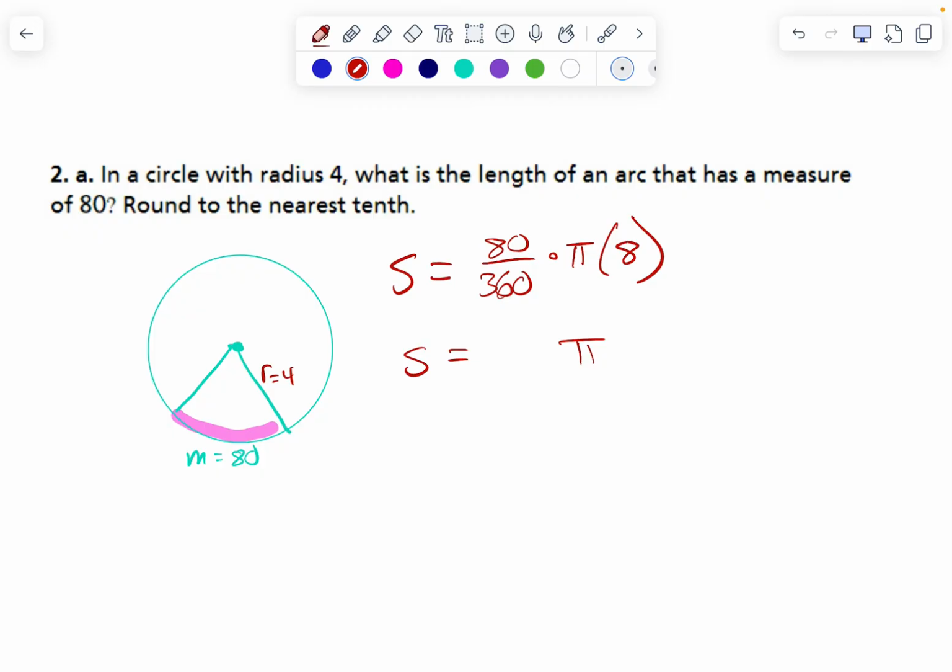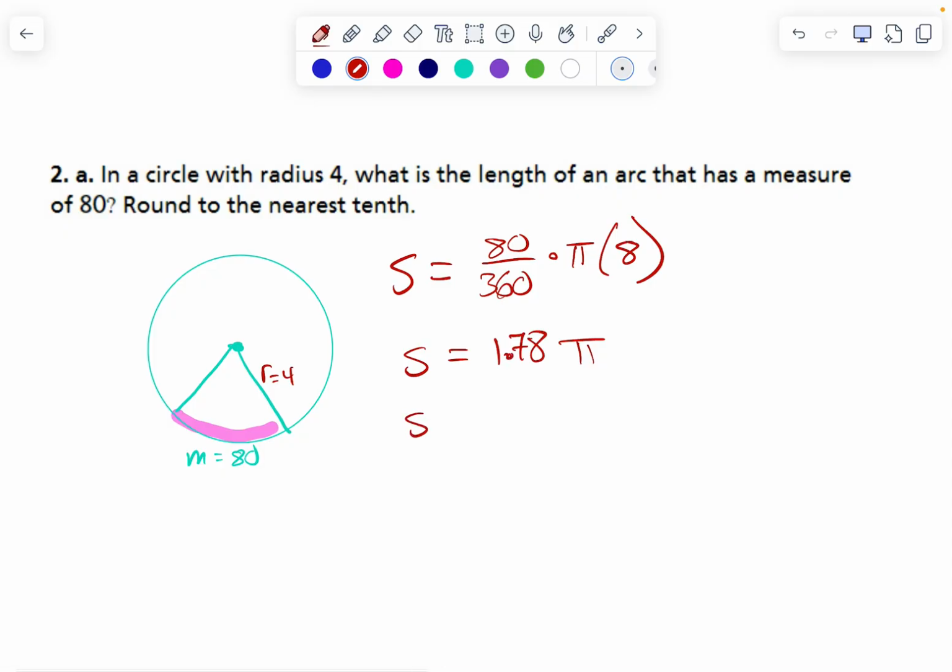Do 8 times 80 divided by 360. 1.78. Yeah, that makes sense.